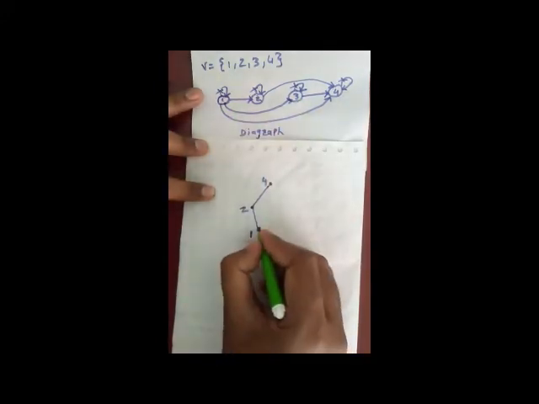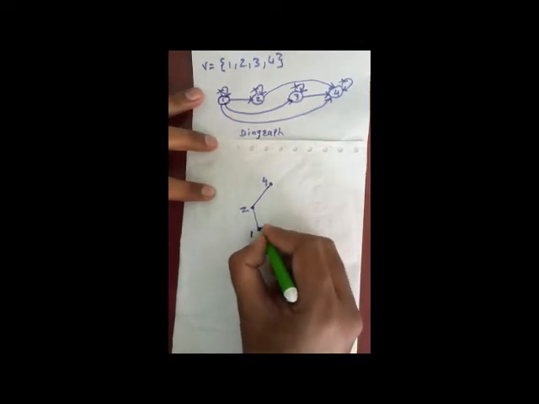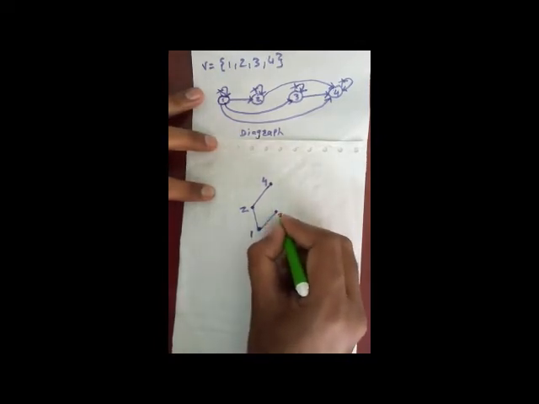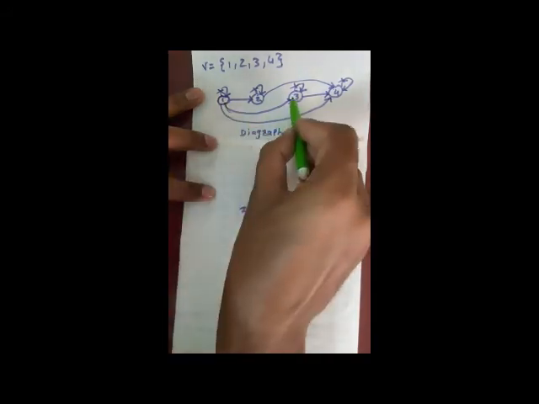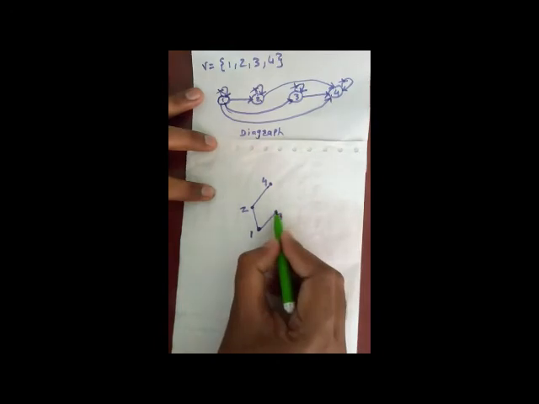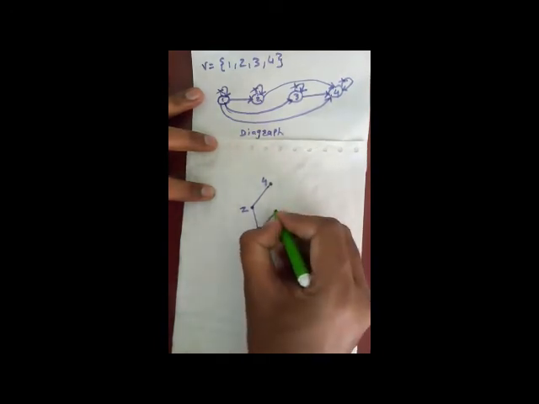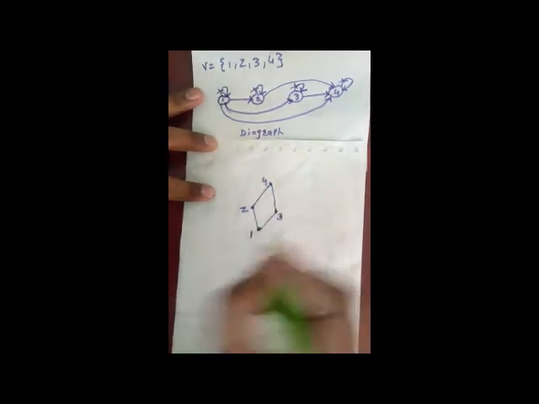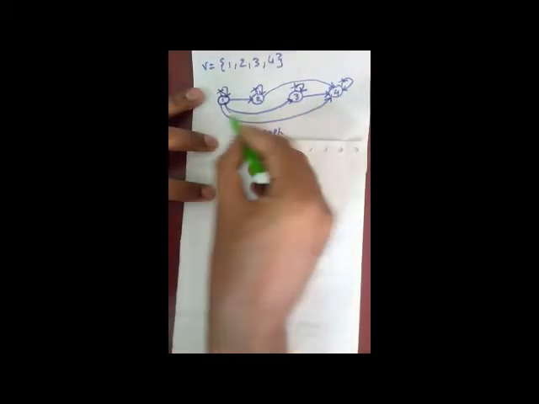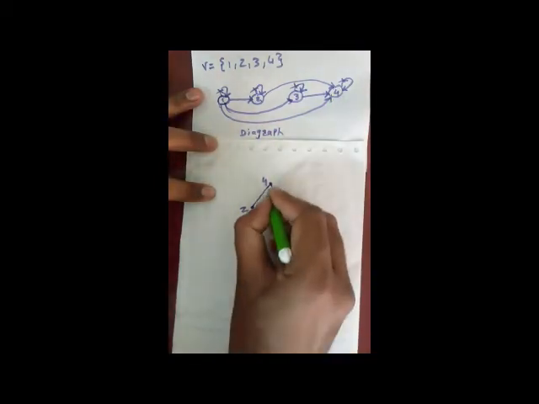So 1 is already here, 1 is at the lower level and 3 is at the upper level, so it is 1 3. Then 3 4, 3 is available, 4 is also available in this graph, so 3 4. Now the next one is 1 4.